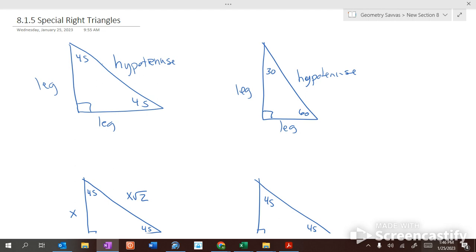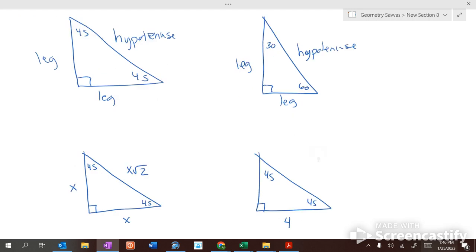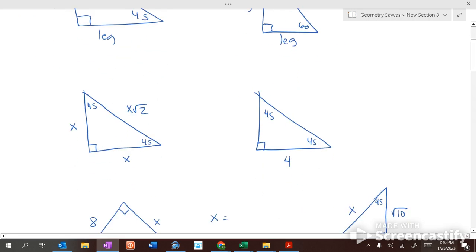All right. So, in a 45, 45, 90, if our legs are x and x, then our hypotenuse is x square root of 2. Why, if one leg is x, would the other one have to be x if it's a 45, 45, 90?